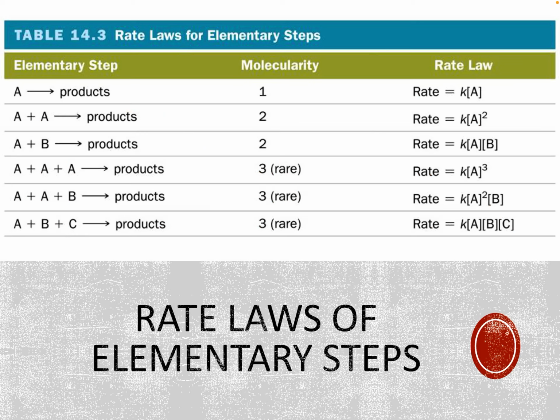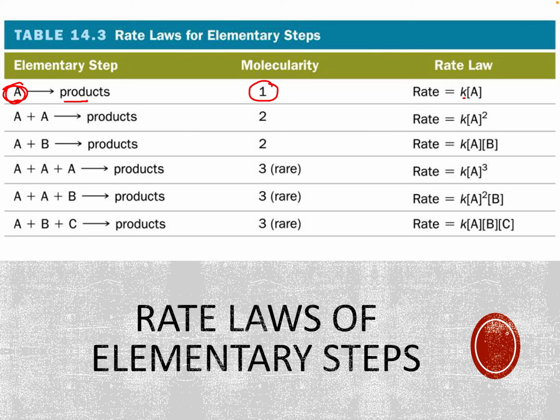So here's how we look at this. If we look at our elementary step in this first one, A is making products. So there's just one thing here. That means it is unimolecular, and our rate would be k times A. Since these are elementary steps, we can write the rate law using the coefficients from our equation. We can't do this with overall reactions, right?